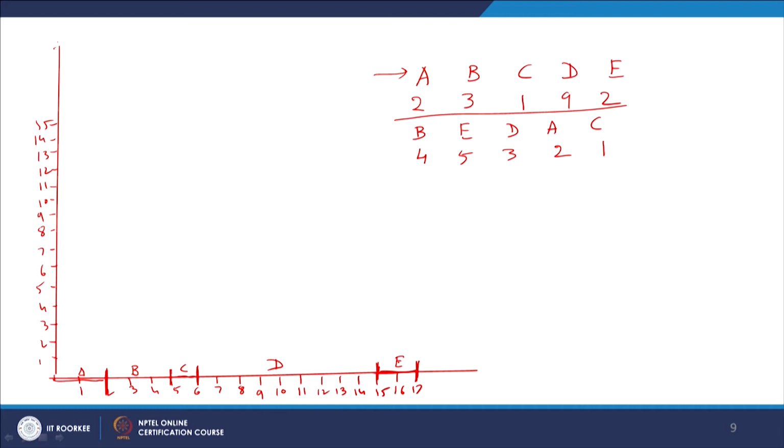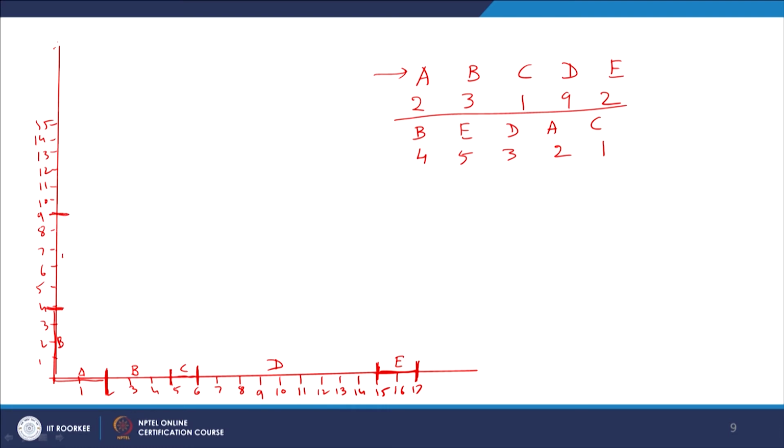Now, the same thing has to be repeated for the y axis, but for the B, first one is the B. So, it requires 4 hours. So, 1, 2, 3, 4 up to here. So, this one is B, and then comes E. E is for 5 units, 1, 2, 3, 4, 5.